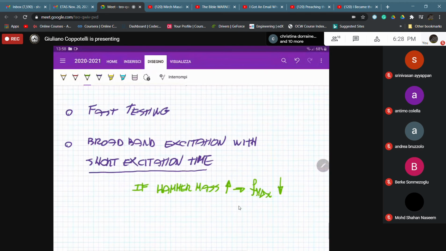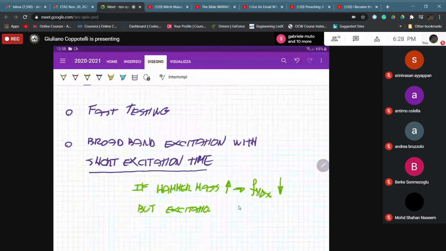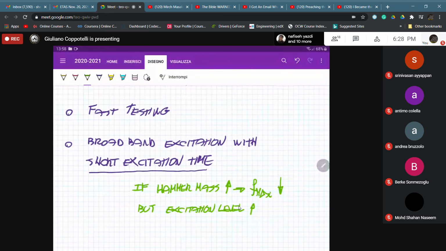But however, within the frequency range of interest, the excitation level will increase. Of course, the frequency range is shorter than the other configurations.